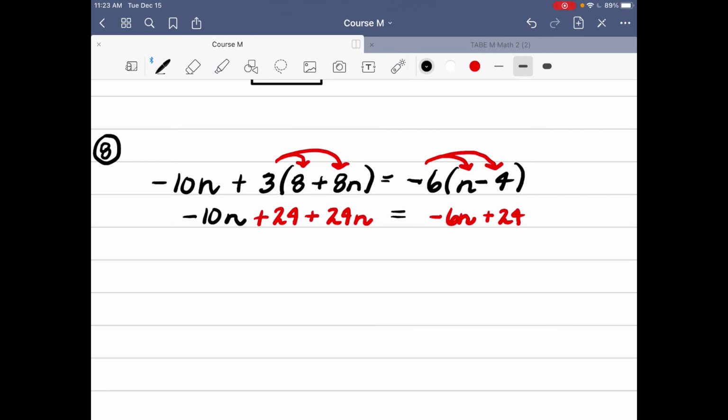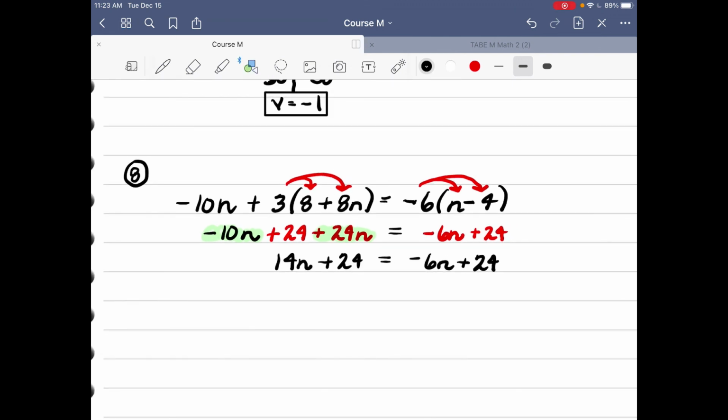And we can draw, no, we can't. We have to combine like terms. We have a negative 10n and then a positive 24n. So that's going to give me a 14n plus 24 equals negative 6n plus 24.